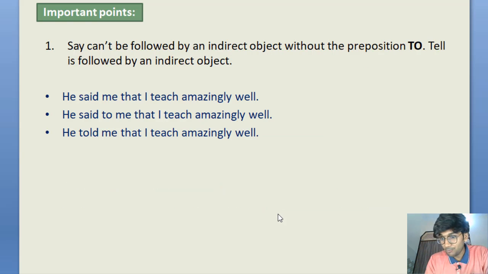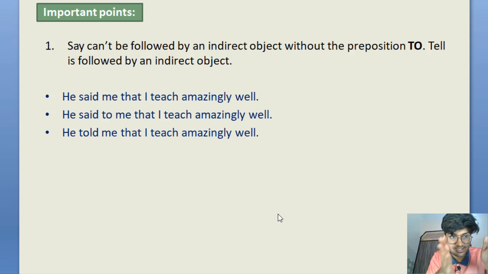All right. Now we have a couple of important points. Let's have a look at them. Point number 1. Say always has to be followed by the preposition to when you're using an indirect object after it. So you can't say I said me, he said me, he said him, he said you.